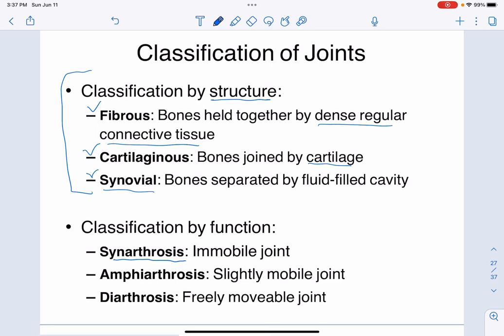The next type is amphiarthrosis. Amphiarthrosis, these type of joints have some mobility, a little bit of mobility. So they are slightly mobile. And then the last classification is called diarthrosis. This is a freely movable joint, and I'm going to give you examples of each of these.